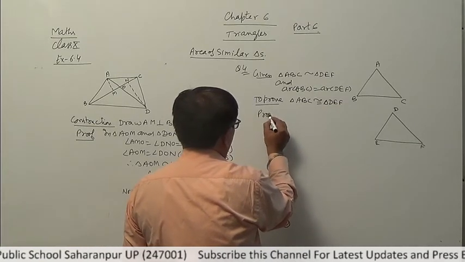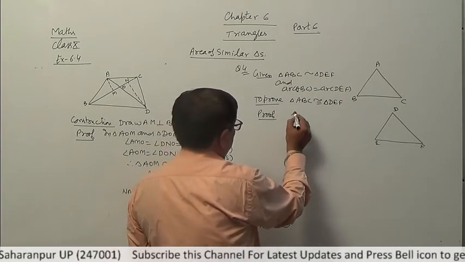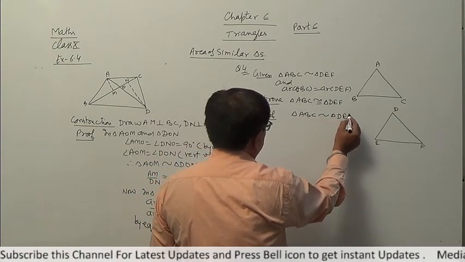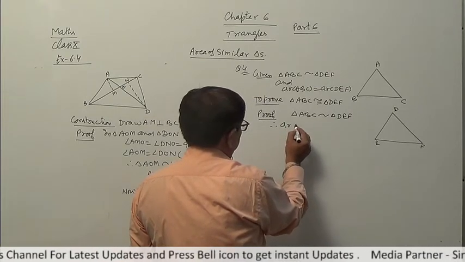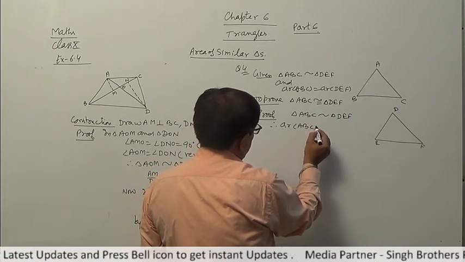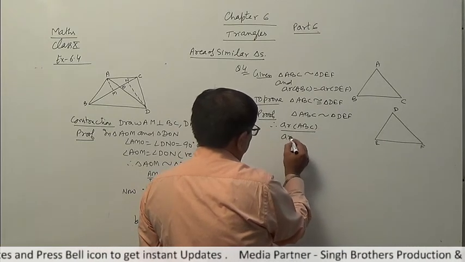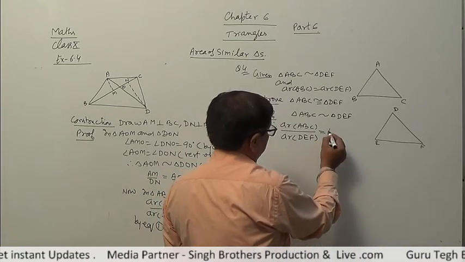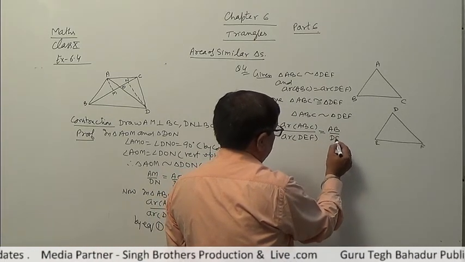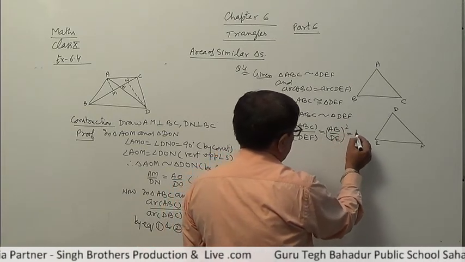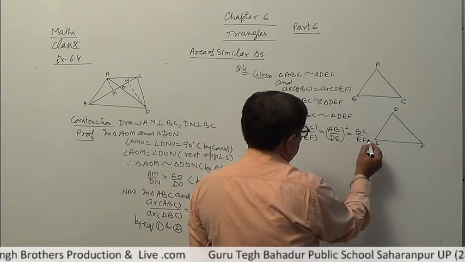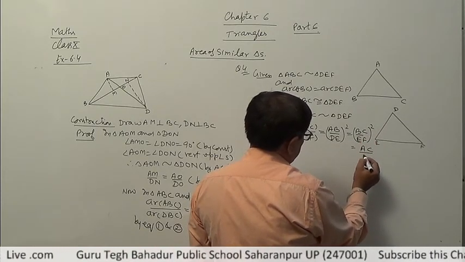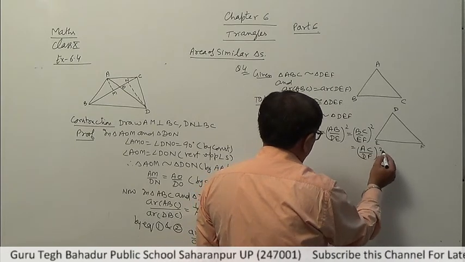Proof: triangle ABC is similar to triangle DEF, therefore area of triangle ABC upon area of triangle DEF is equal to AB upon DE square, BC upon EF square, equal to AC upon DF square.